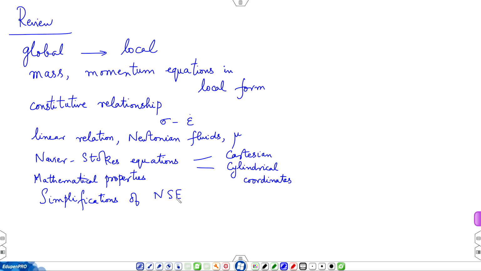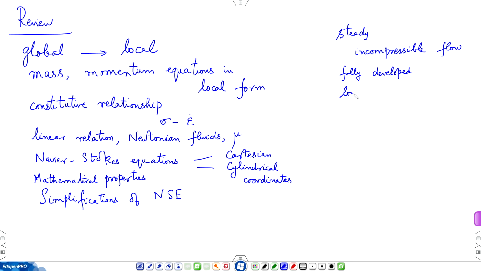Now, one class of problems where simplifications were applied dealt with steady incompressible flow. Then we required the flow to be fully developed.